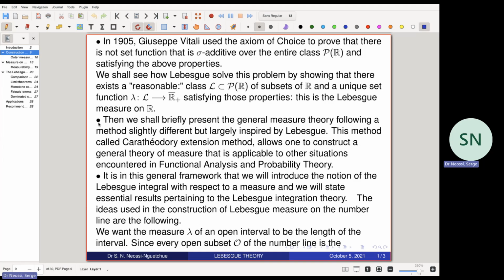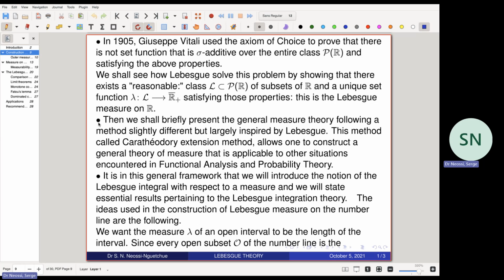The ideas used in the construction of Lebesgue measure on the number line are the following. First of all, we want the measure lambda of an open interval to be the length of the interval.